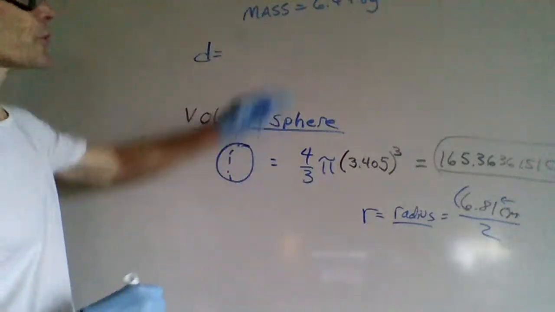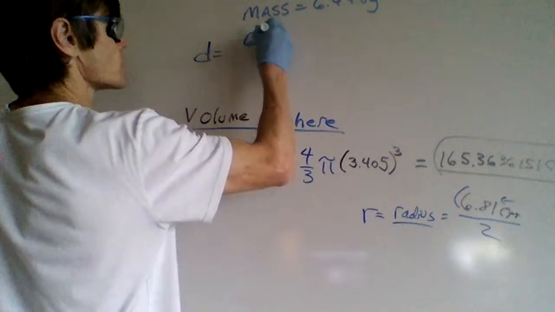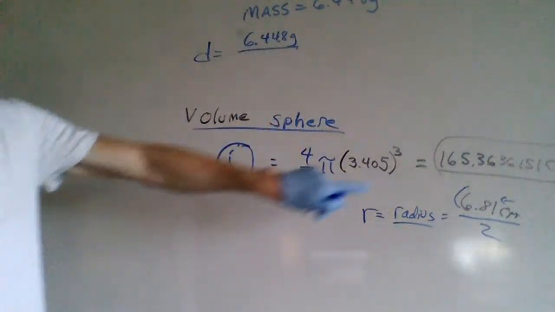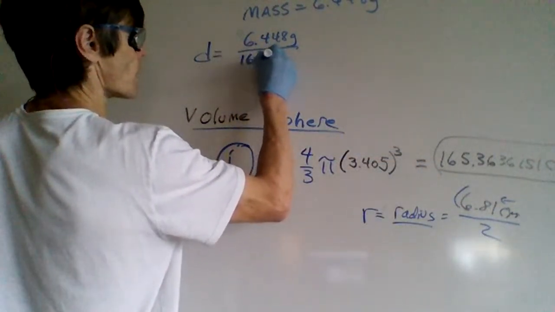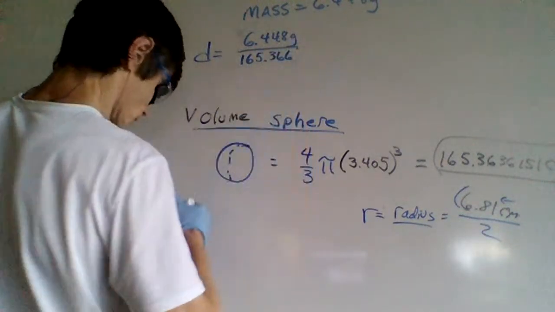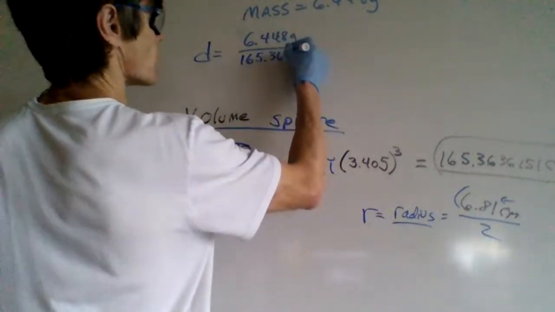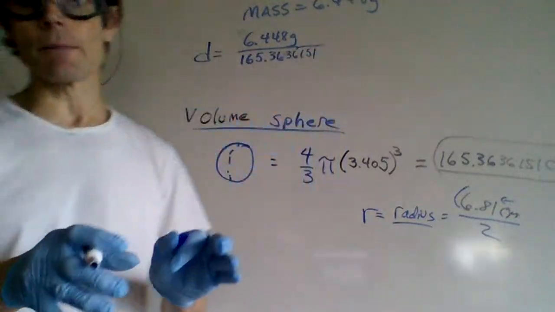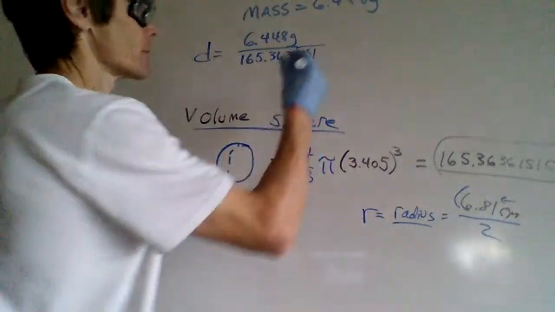Density is equal to the mass that we've determined experimentally, 6.448 grams, divided by our volume, 165.36 cubic centimeters, or that's an equivalent way of expressing it in milliliters.